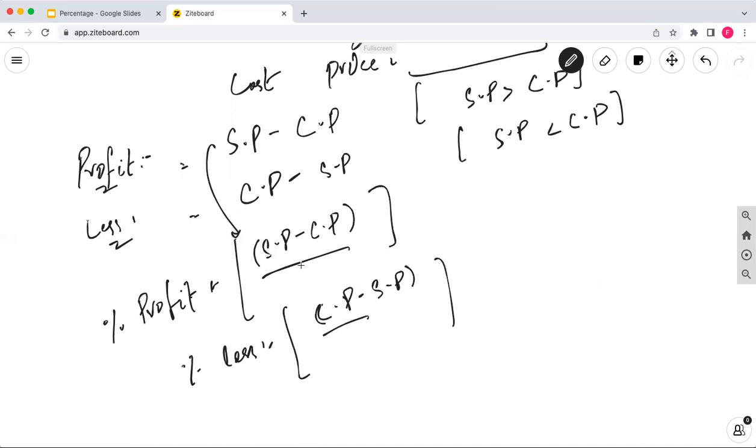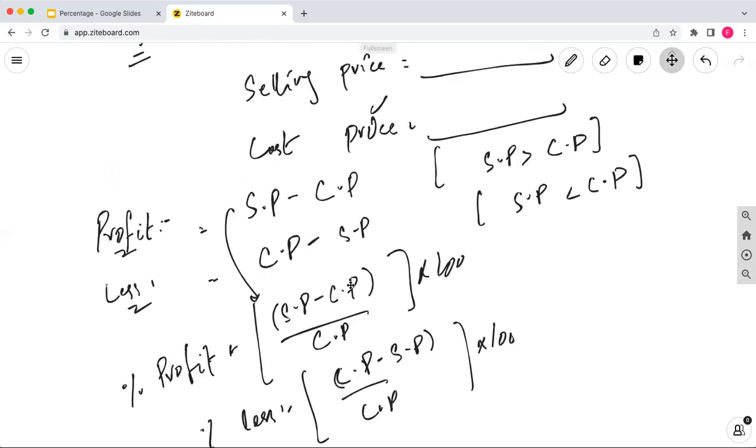Yeah, that will be cost price, because that is based on what I actually paid for getting that thing. So just remember this: always while finding the percentage profit or percentage loss, divide by the cost price unless mentioned otherwise. Okay, and multiplied by 100, right? So this is just a basic idea of profit and loss.